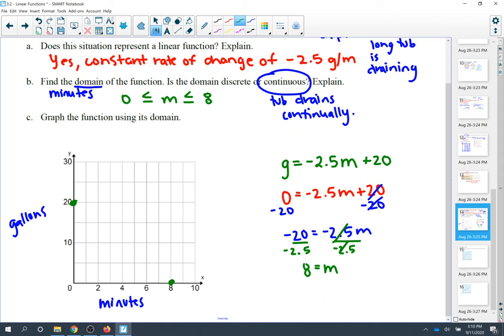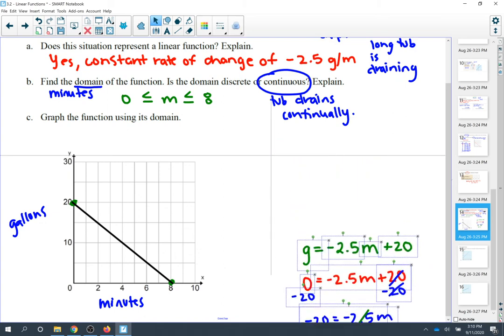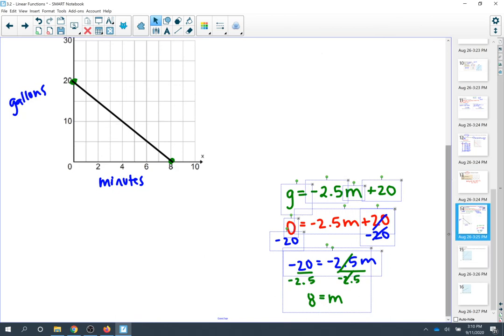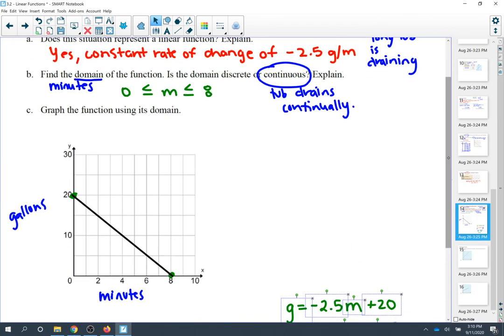Now we have to graph that using the domain. Option 1, we can just connect a line. So let me find my line here. And there we go. Option 2, we could actually make a table, which I think is a good thing to look at.